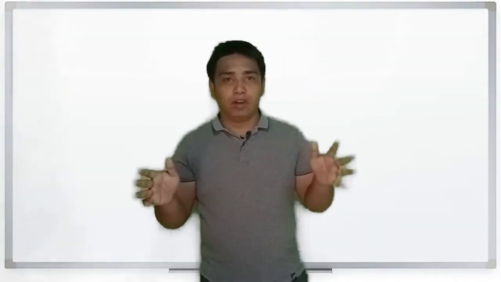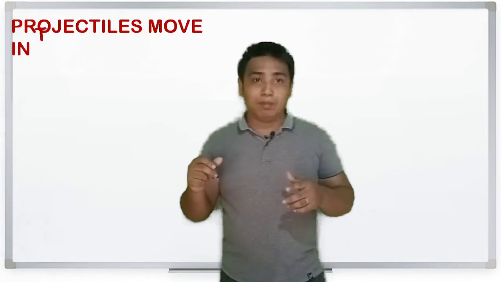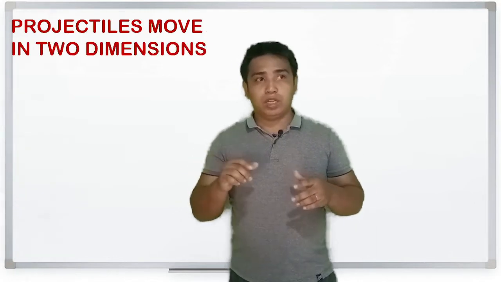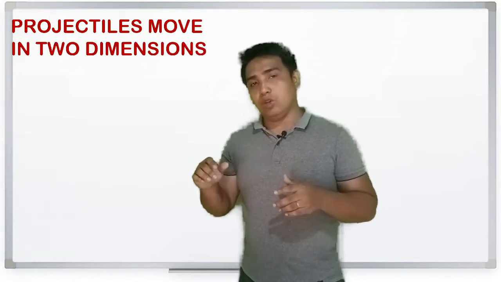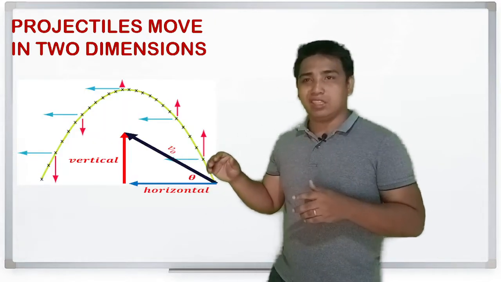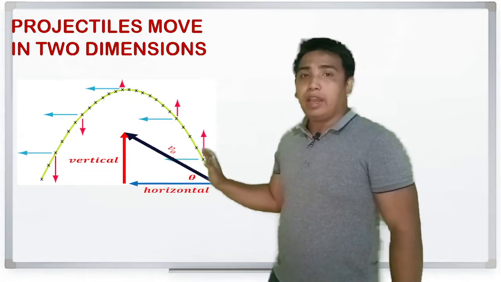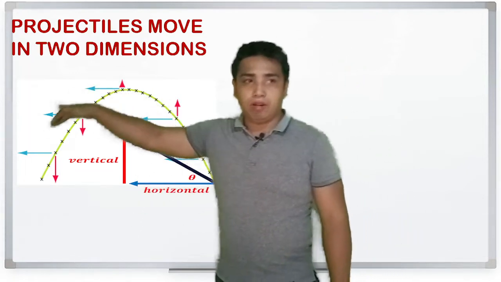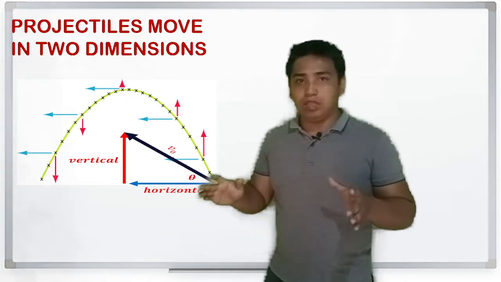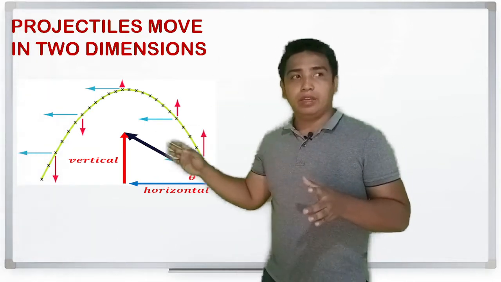The only difference in this concept is that it has component velocities. For example, you kick a soccer ball. If you kick a soccer ball, you will see that there is a certain angle at which it is projected and it will follow a parabolic path. This is due to the horizontal and vertical components.